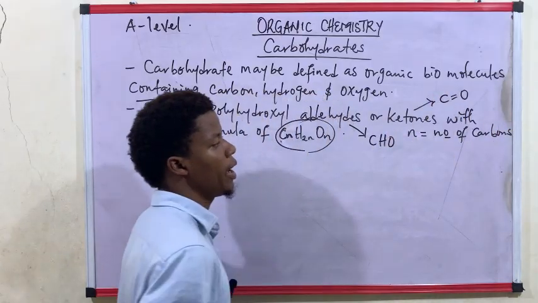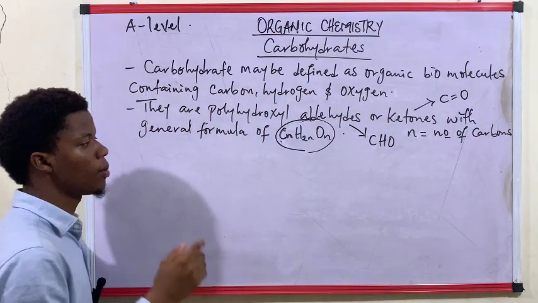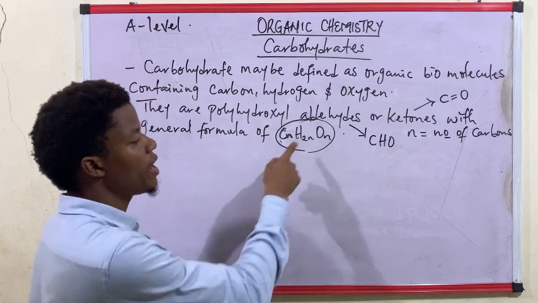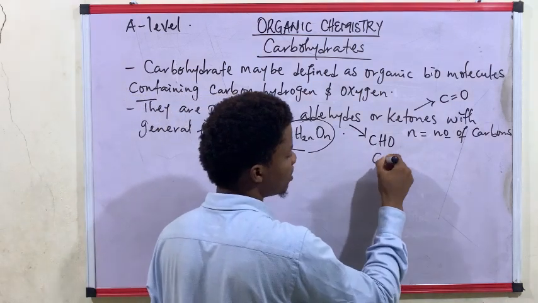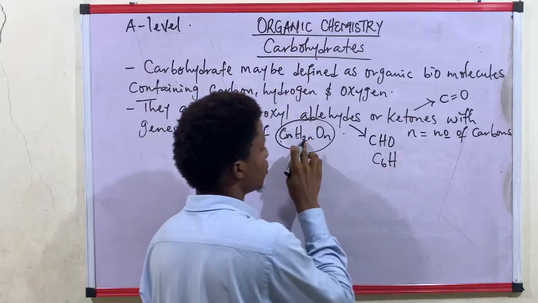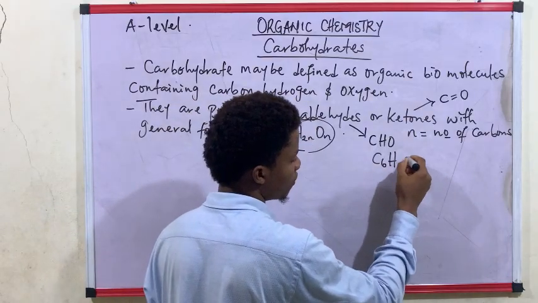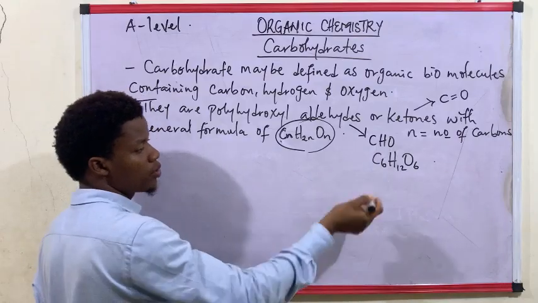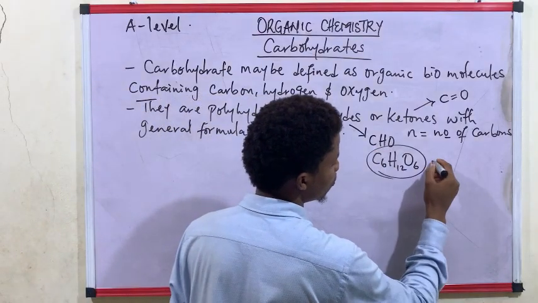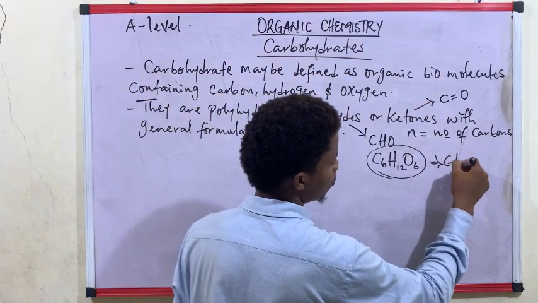If we say n should be 6, for example, we'll now have C6H12O6, that is H 2 times 6, 12, and O6. This will now give us a very famous carbohydrate that we all know, which is known as glucose.